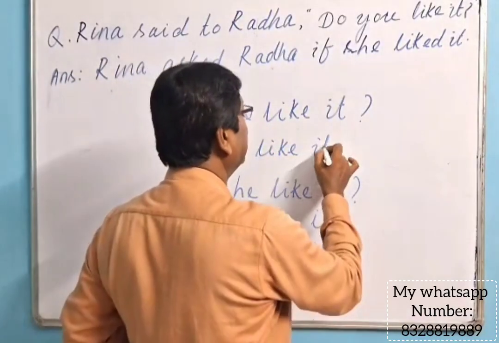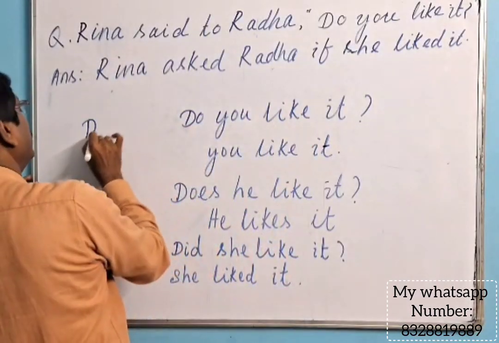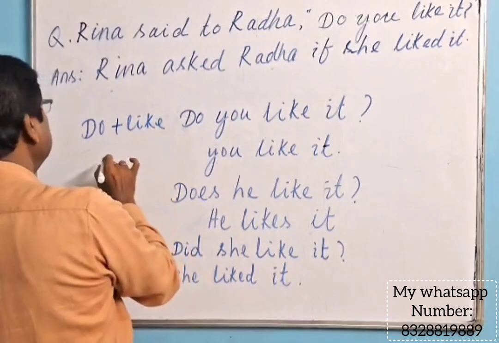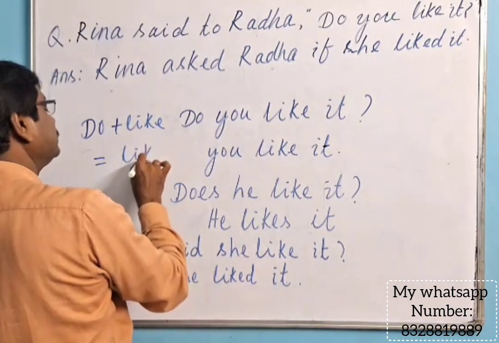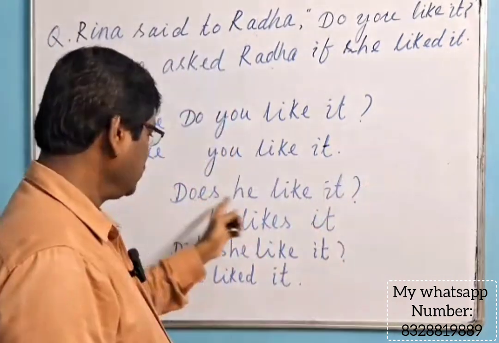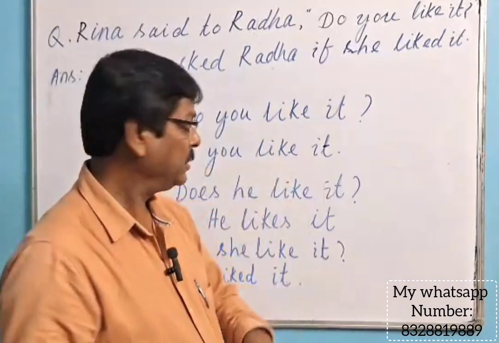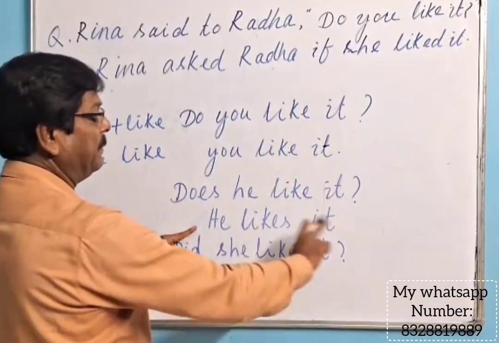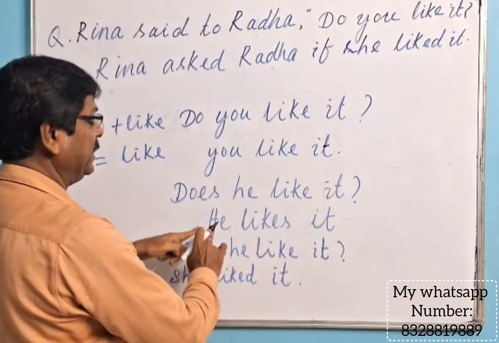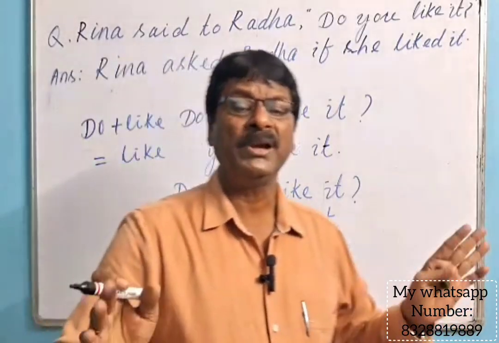So do plus like is equal to like. Okay? So, "You like it." "Does he like it?" So does plus like means likes. So the declarative sentence of this question will be "He likes it." Does plus like equals likes.